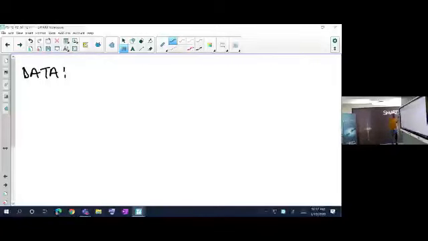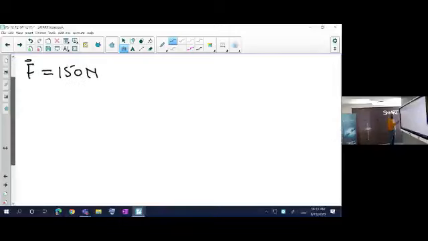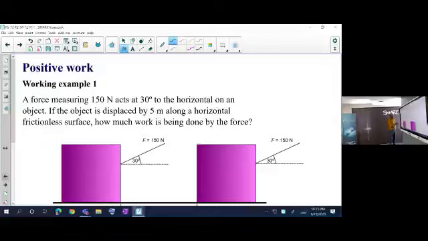This is the data that we are going to have. The force is 150 Newton.